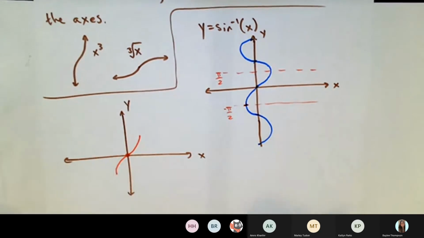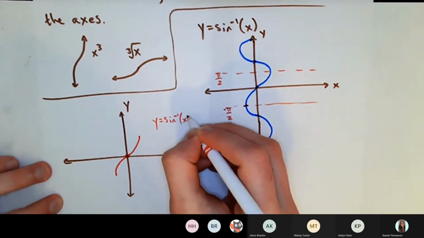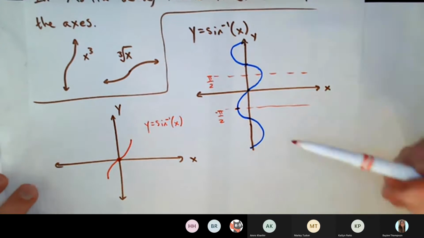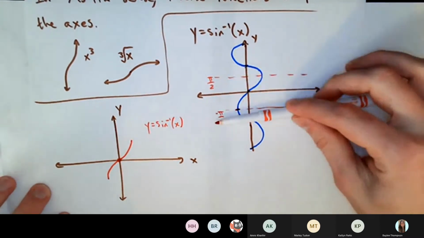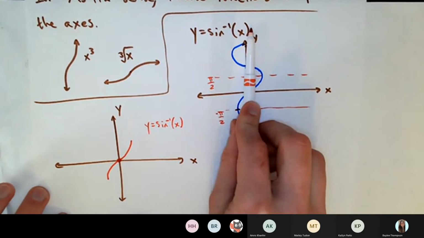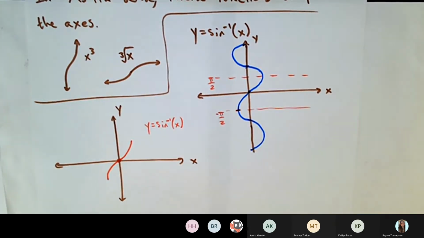That's the sine inverse function. If you restrict the range between negative pi on 2 and pi on 2, to make sure that it doesn't overlap on itself so that it still passes the vertical line test, this is all you're left with.